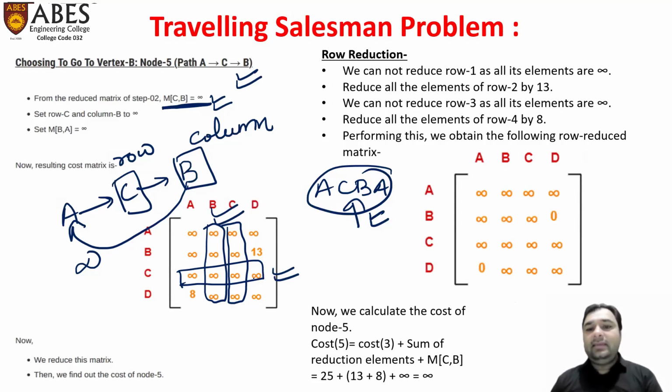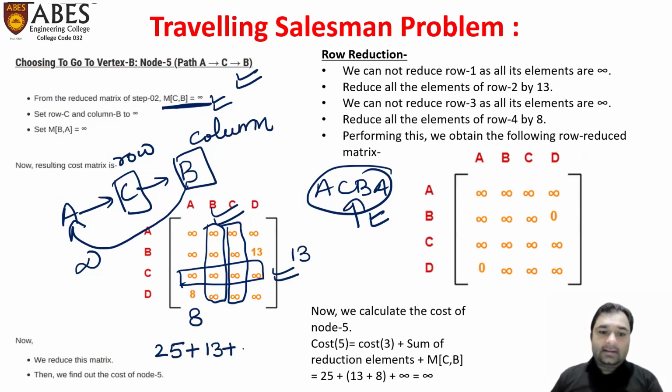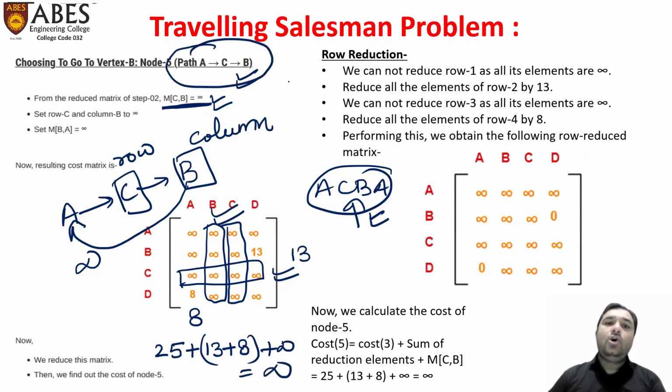Then we see a row reduction and column reduction, and after doing this we get 13 from here and 8 from here. That will be 25 plus 13 plus 8 plus infinity. It carries infinity, meaning there is no solution from this.